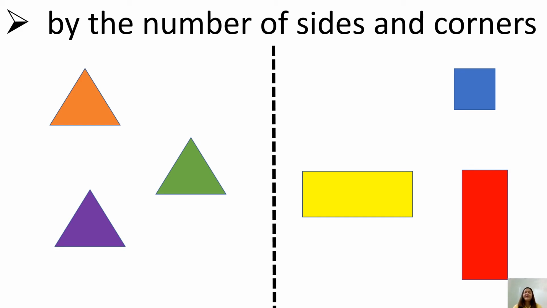As you can see, on your left side, all the shapes have 3 sides and 3 corners. And on your right side, all the shapes have 4 sides and 4 corners.